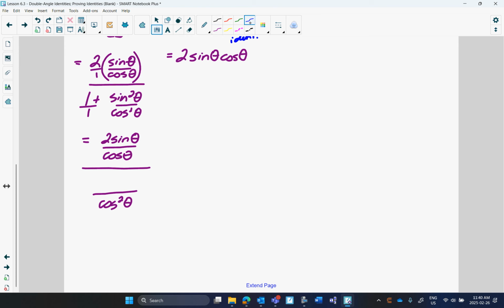What do I have to multiply this one by to get this denominator? I have to multiply top and bottom by cos squared theta to get this denominator. So therefore, that first fraction, 1 over 1, is the same as cos squared theta over cos squared theta. I don't have to change the second fraction because it's already over cos squared theta.